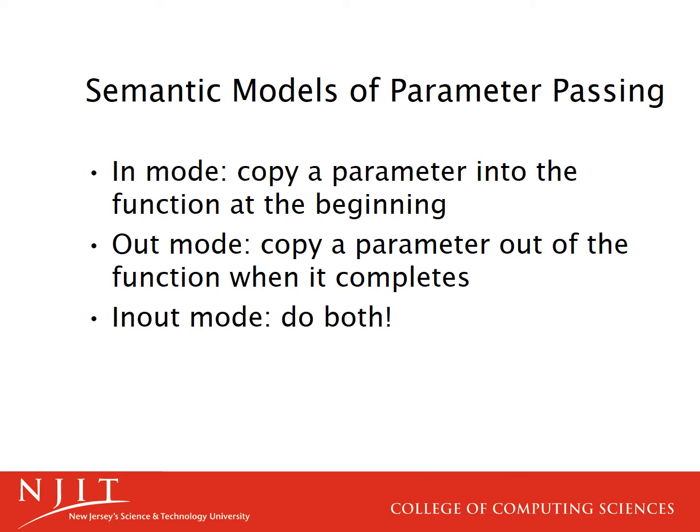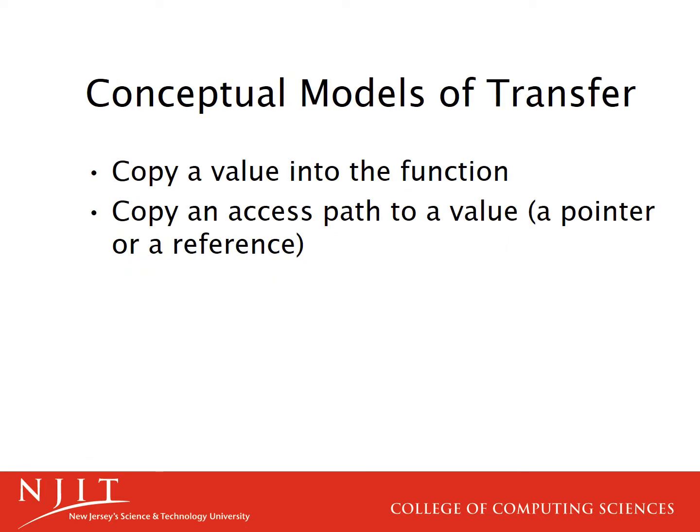Now, in concept, this is true all over the place, but in practice, the way it is actually implemented in C and C++ and Java is a good bit simpler. What we do is we copy values into the function almost all the time. When I pass a parameter to a function, I am copying the value of that parameter into the function.